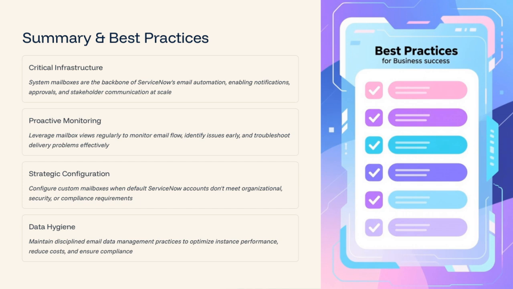They enable us to send notifications, approvals, and keep stakeholders informed at scale, which is critical for smooth operations. In summary, following these best practices ensures our email infrastructure remains robust, reliable, and aligned with our overall goals. Staying disciplined in managing email data ultimately supports the efficiency and compliance of our entire ServiceNow environment.